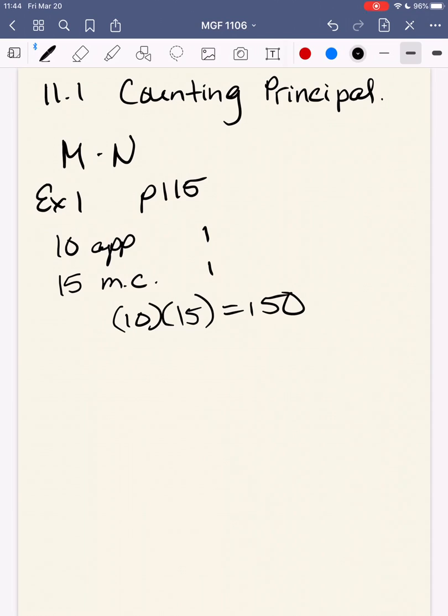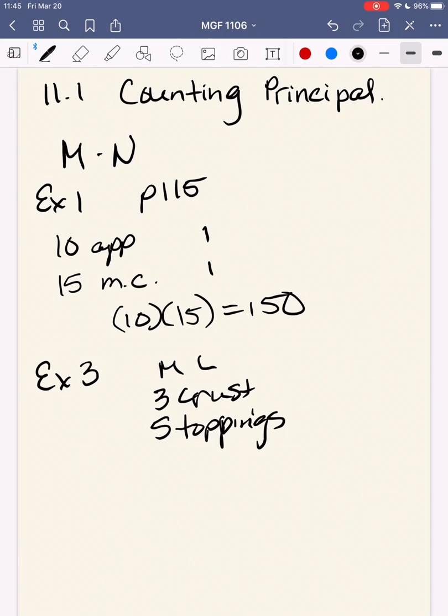We're also going to look at example 3 on the same page, and I'm going to be ordering pizza. This is one of my favorite things ever. A pizza can be ordered with 2 choices of size, so you can have a medium or a large, 3 choices of crust, thick, thin, or regular, and a choice of 5 toppings: ground beef, sausage, pepperoni, bacon, or mushrooms.